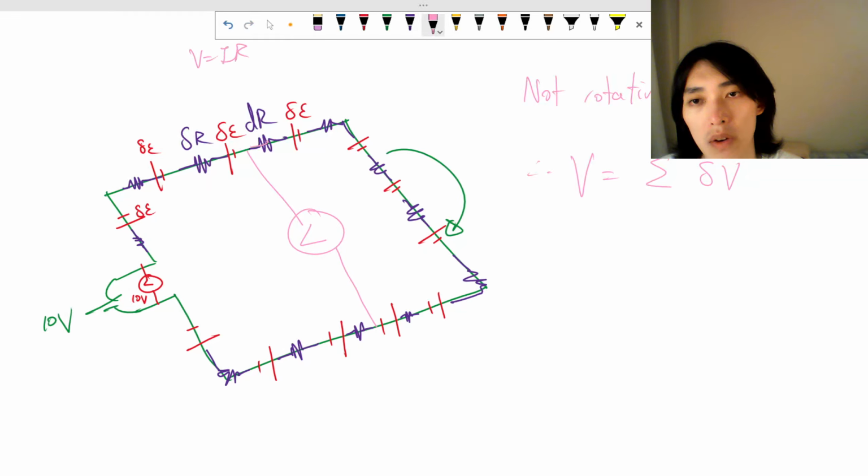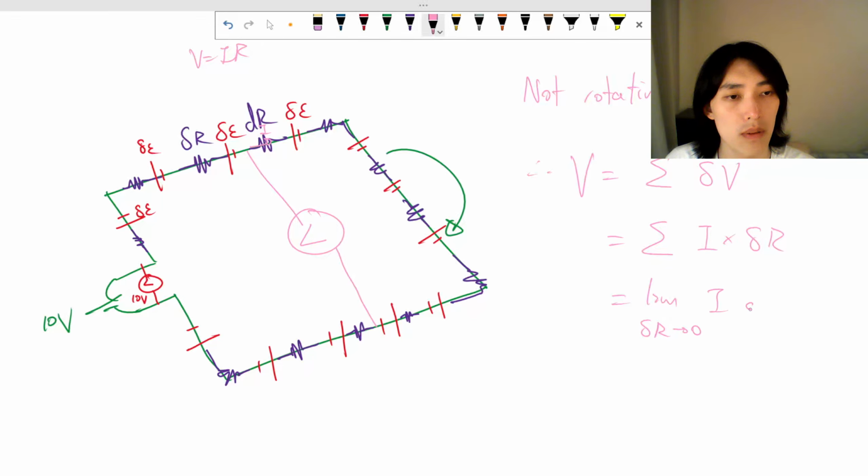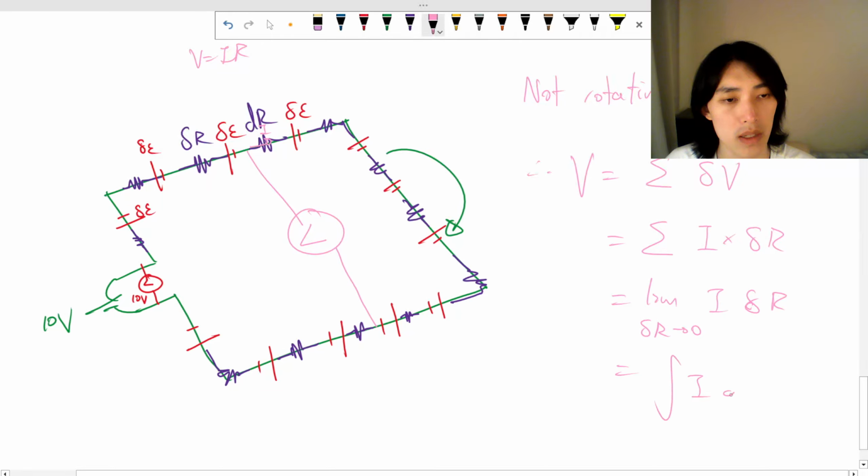If there's a current running through this, then there's going to be some voltage arising out of it. So it's going to be the sum of I times our delta Rs, and if we take the limit as delta R approaches 0, it becomes an integral of I dr, which becomes IR.